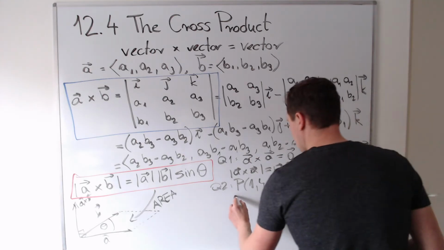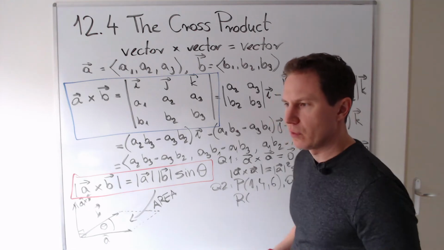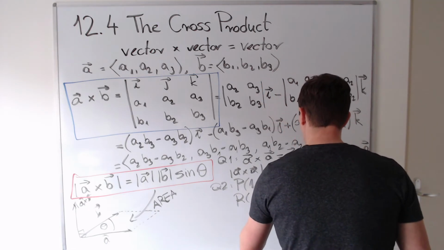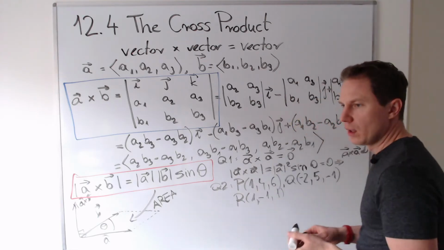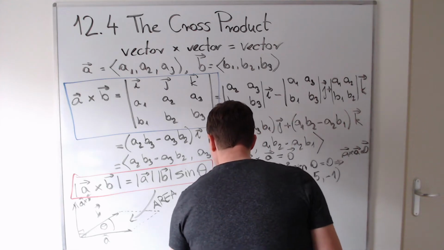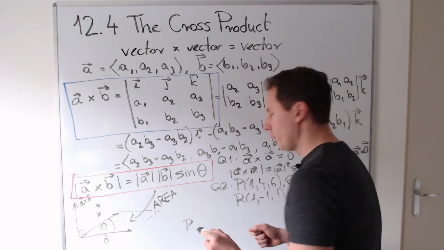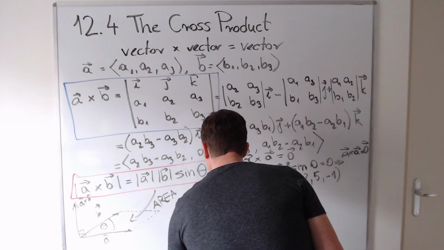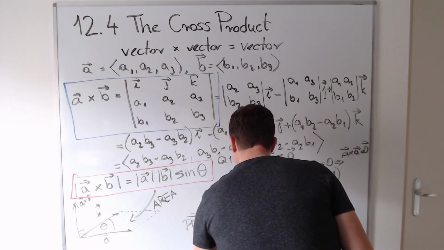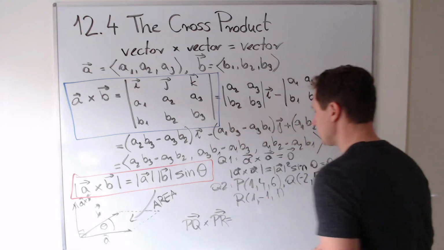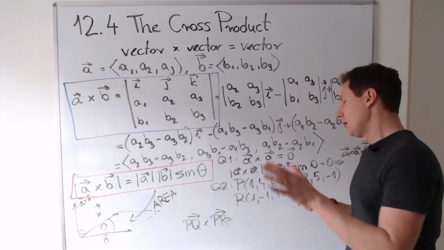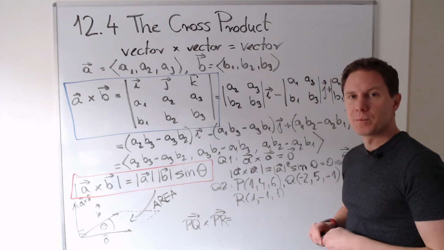And point R has coordinates 1, -1, and 1. And so my question is, what is the cross product of the vector PQ with the vector PR? Okay, first, of course, you have to compute these vectors and then their cross product. So pause the video and input your answer below.